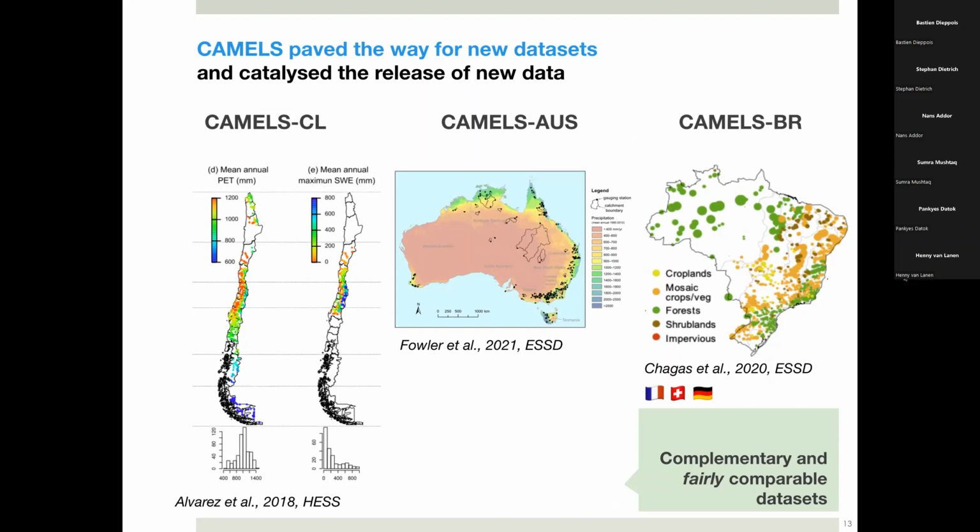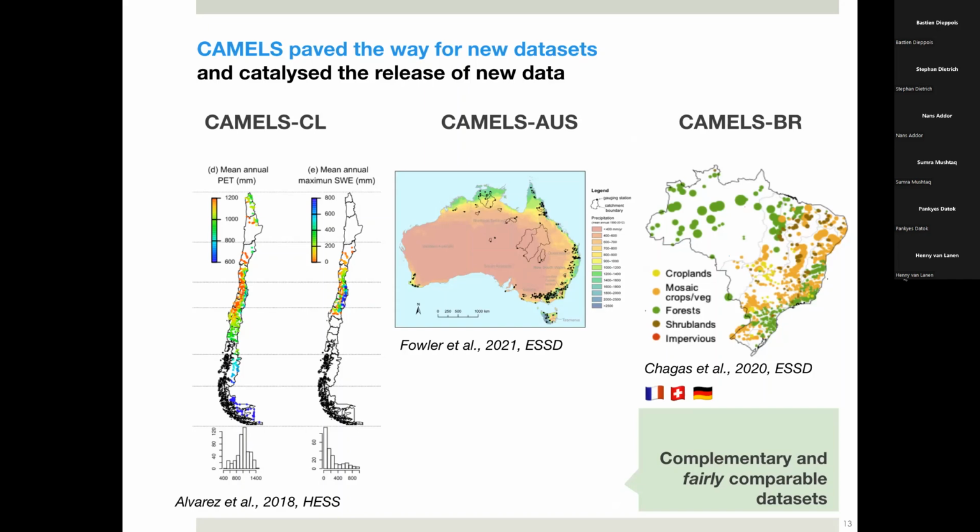And again, because these different datasets rely on the same philosophy, they're fairly complementary and comparable, but there are key differences. For instance, in CAMELS US, we don't quantify human influence, but in CAMELS GB, yes, these influences are quantified.